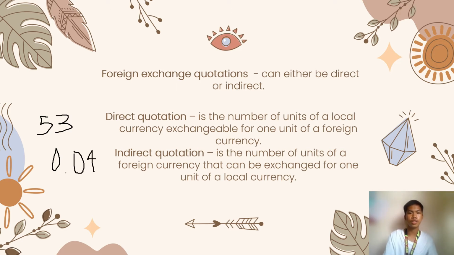Meaning, sa direct quotation, kailangan natin ng 53 pesos, 0.3236 para maka-exchange tayo ng isang US dollar. On the other hand, sa indirect quotation, kailangan lang natin ng 4 cents of US dollar para makakuha tayo ng isang peso.